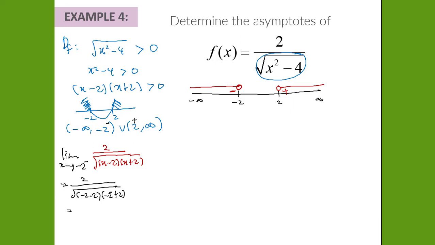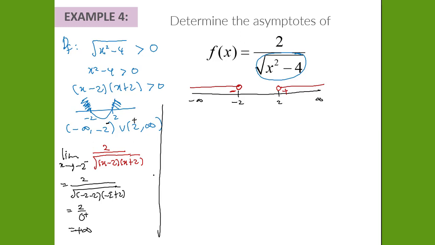So this is equal to 0. 2 over 0 is equal to infinity. Confirm this one is positive. Why positive? Because it is under a square root.